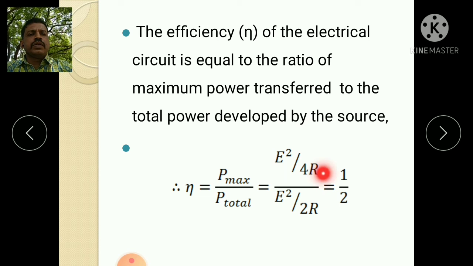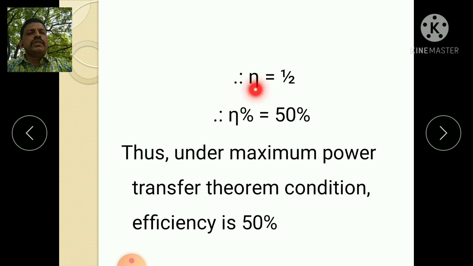Dividing, 2 by 4 gives 1 by 2, that is eta equal to 1 by 2. Therefore percentage efficiency is 50%. Thus under the maximum power transfer condition the efficiency is 50%.